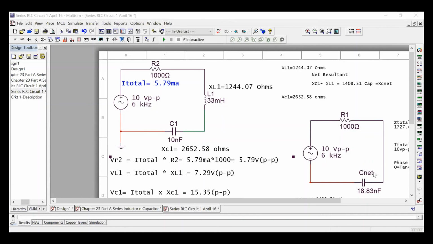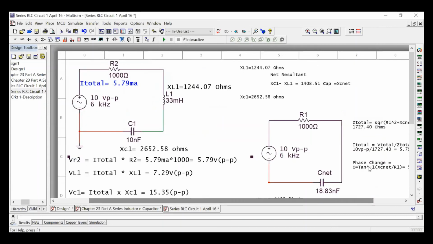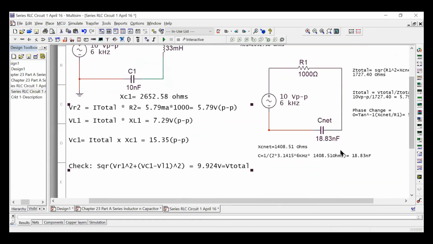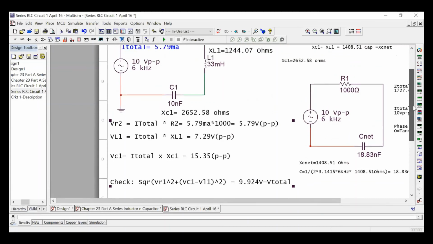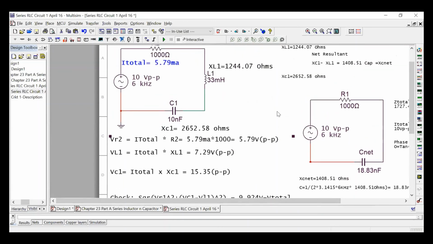Based on our previous experiences, we came up with some phase changes and all that. We also came up with the total current, which was 5.79 mils. And then what we did is we took this current and we moved it back over here. So let's run this thing and see what happens.